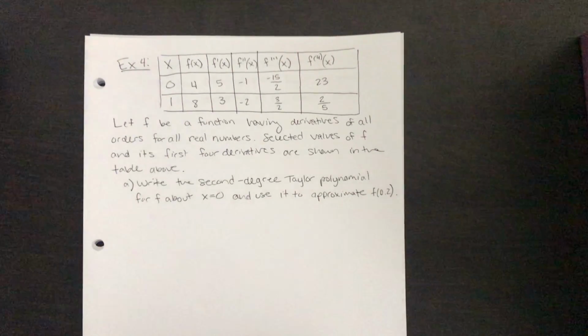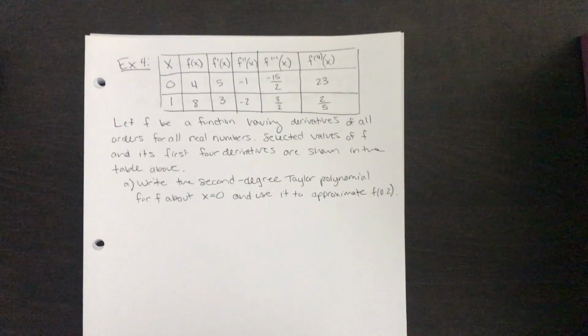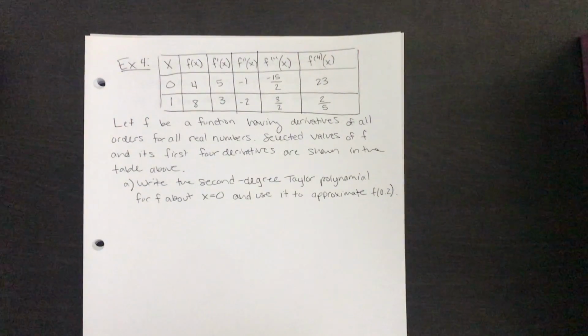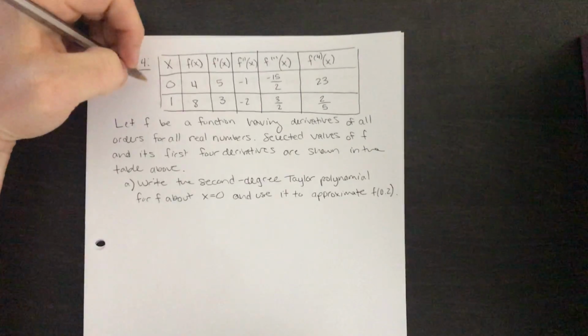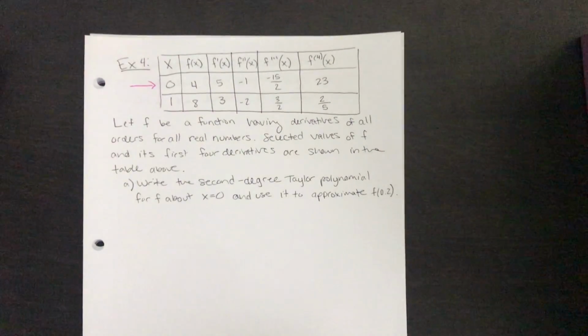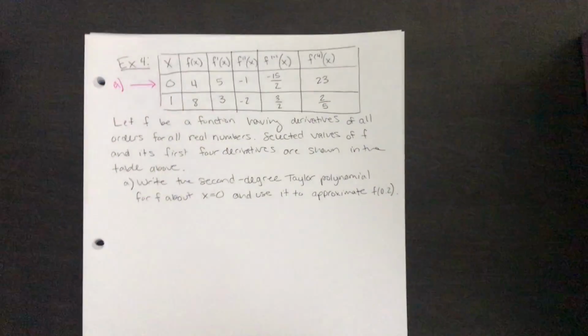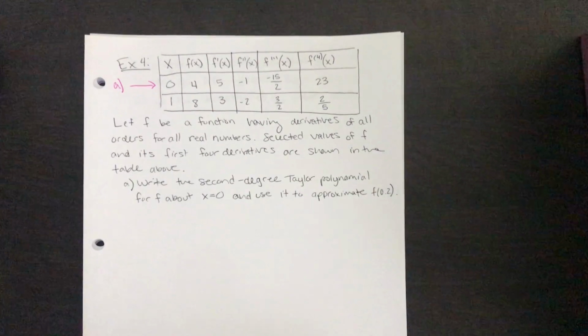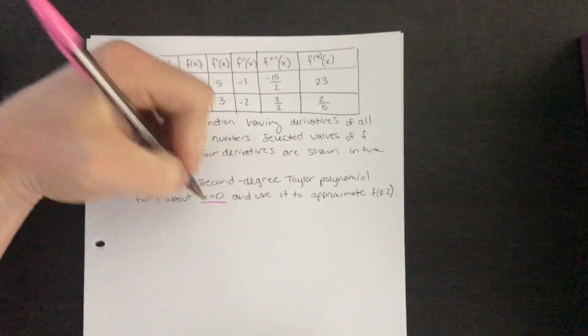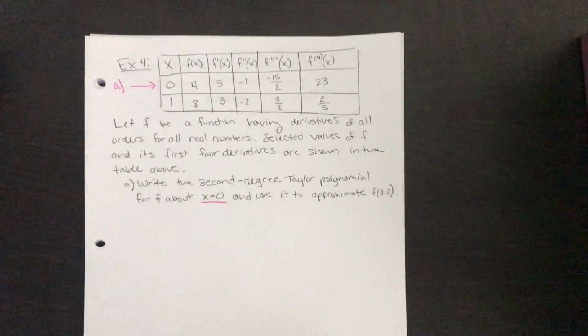So this will be the first time we've actually done an approximation, but writing the second degree Taylor polynomial should be the exact same process. The one thing to note is A is asking us to look at just this 0 row. They want us to be centered at x equals 0, so we don't need any of these bottom values down here.